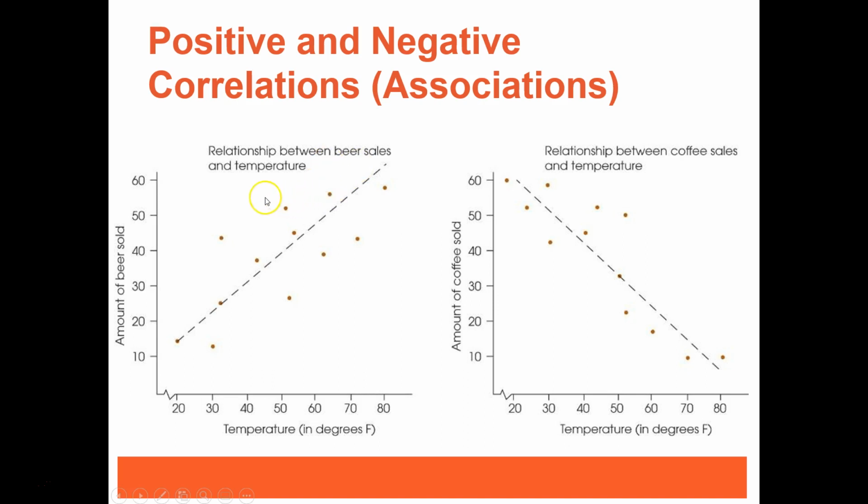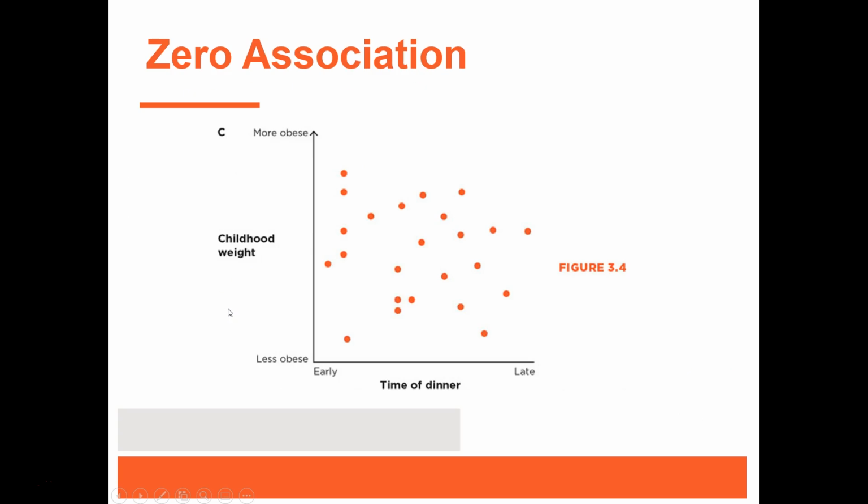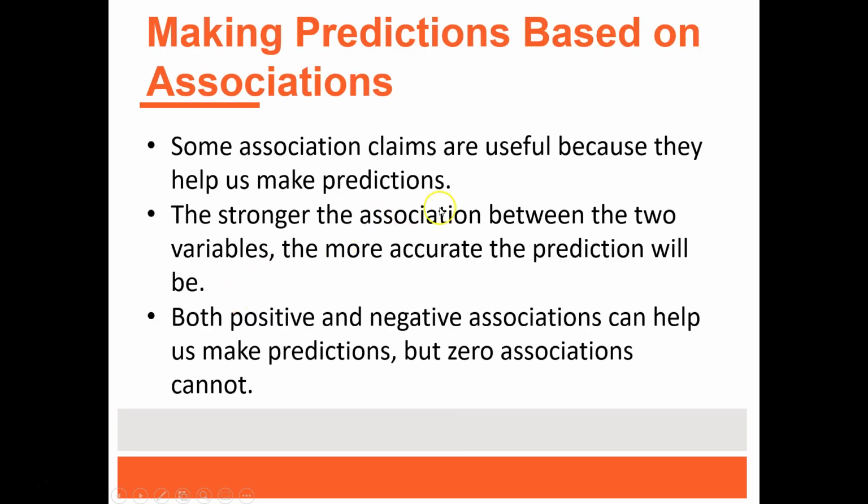And as these data points move farther away from the line of best fit, then that's a weaker relationship. The stronger the association between the variables, the more accurate your prediction will be.